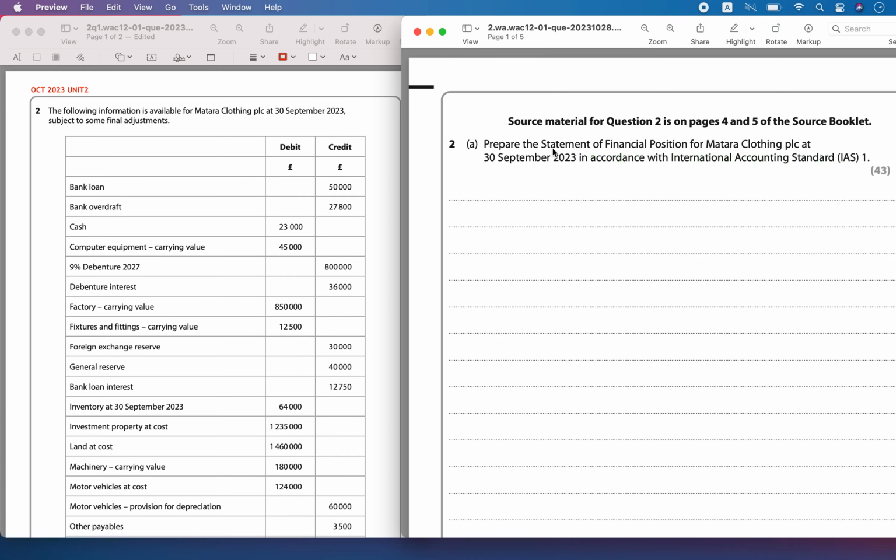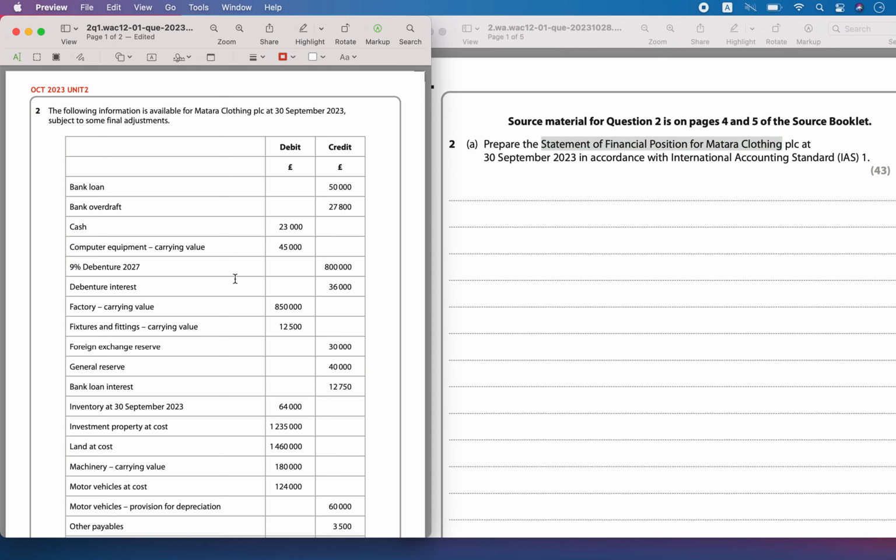Before preparing the statement of financial position, you will have to identify all the assets and liabilities in this trial balance, so that we can calculate the total assets, and it should be equal to the capital plus liabilities. Equity plus liabilities in this case.